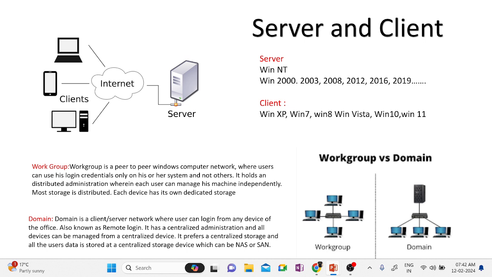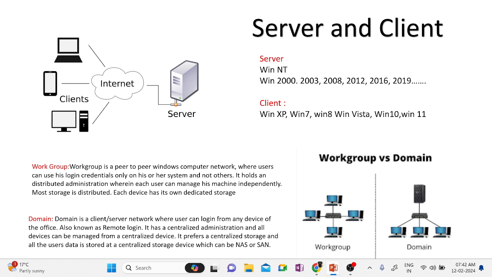If I talk about the server, there are multiple flavors of Microsoft server operating system, starting from Windows NT. Till 2022, currently the latest server operating system we have from Microsoft is 2022. Okay, so 2016, 2019, and 2022 are in support now. 2012 is in extended support.